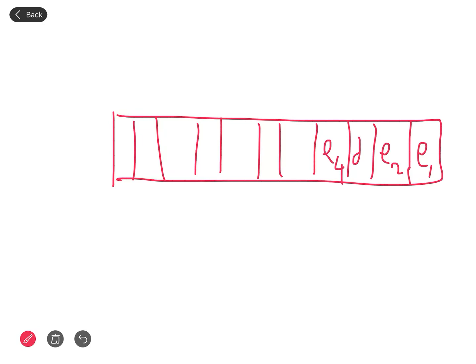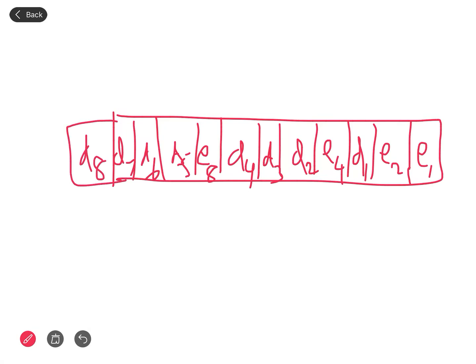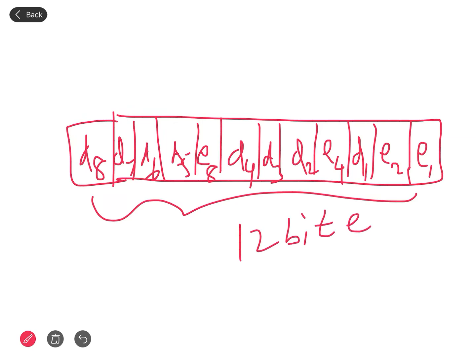The rest will be the data bits. Here you are going to stuff D1, D2, D3 like that. So, E1, E2, E3, E4, E5, E6, E7, E8 will come here, and D3, D4, D5, D6, D7 and finally D8. So, this is going to give you the 12-bit ECC.